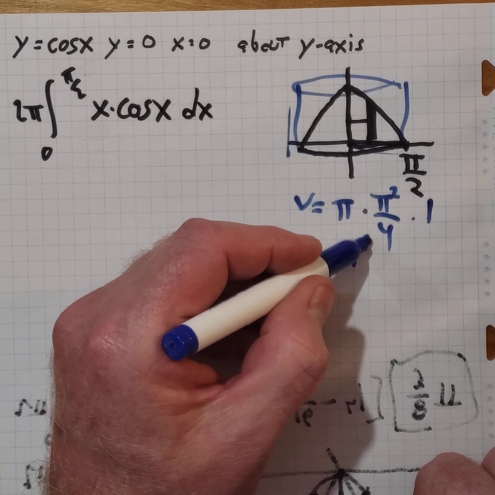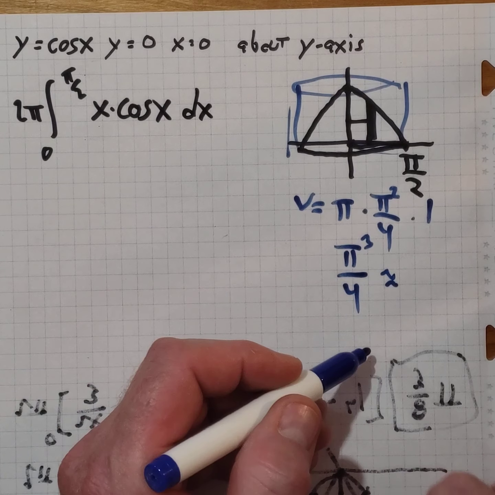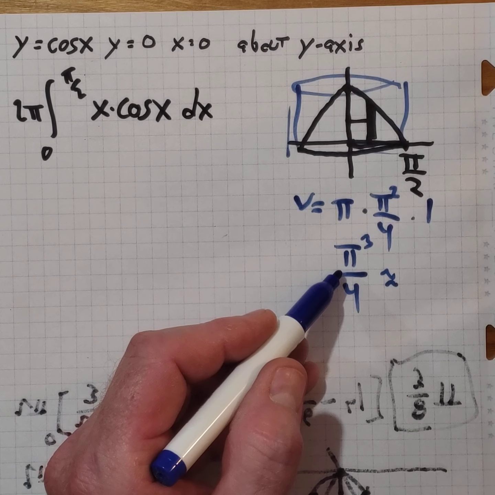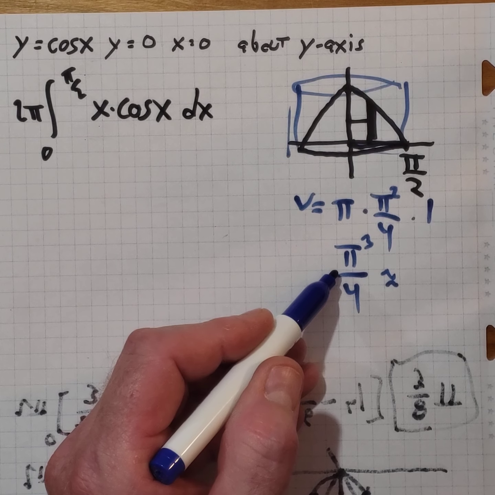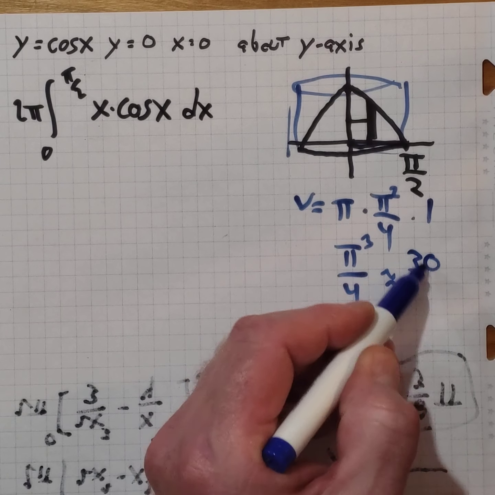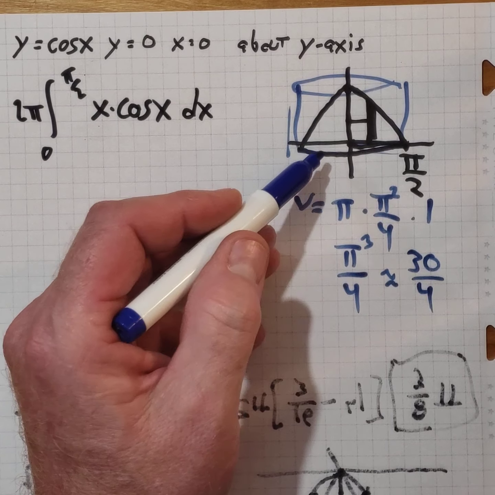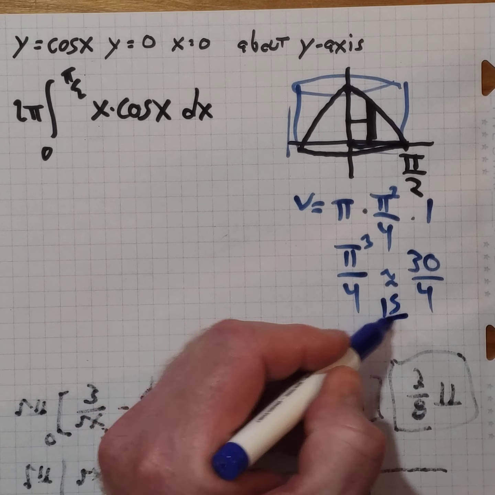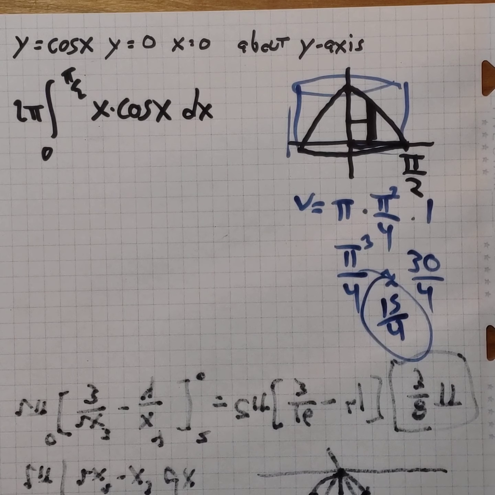So our estimate is pi cubed over 4. Pi is a little more than 3, so cube it, we'll get something a little more than 27. Say something about 30 over 4, and I think that's going to fill up about half of that box. So I'm looking for an answer somewhere in the neighborhood of 15/4, which is a little less than 4.